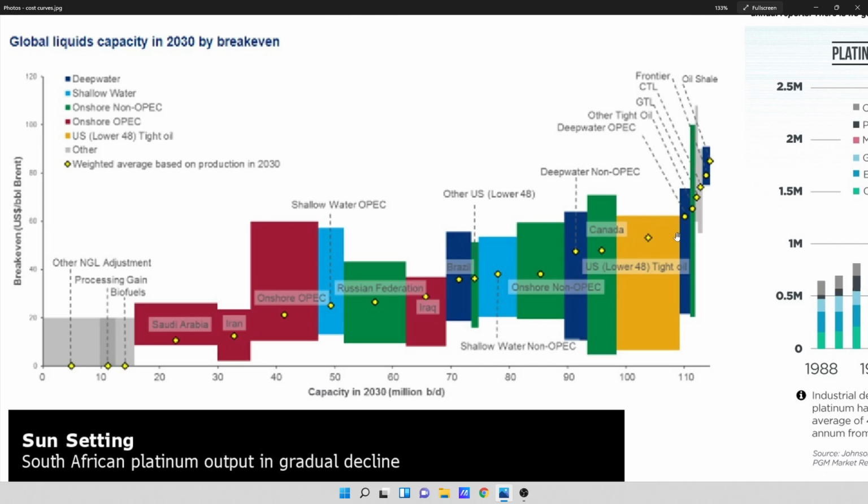And looking at this, if you go on the higher cost producers here, deepwater, OPEC, other tight oil, other frontier stuff, oil shale, it's going all the way up here. The break-even point is like $100 for some of this almost. So the price of oil is going to have to go over $100 for us to produce over 110 million barrels per day. And we're at like 85 right now. And it turns on some of this stuff out here, potentially.